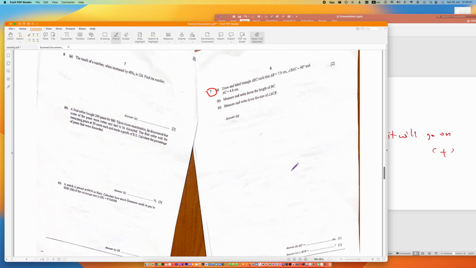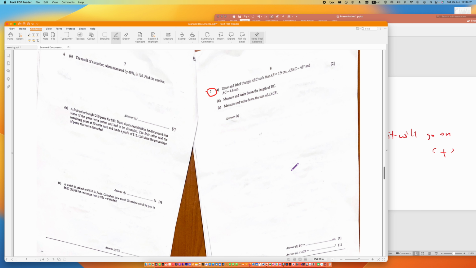Now it says what? Angle BAC is 48. And AC is 4.8. So this is AB, and they say AC is 4.8. So can you measure 4.8 out of here? Start with the needle on the 0, then park against it. 4.8, yeah.